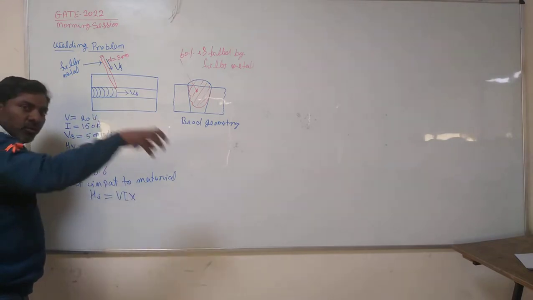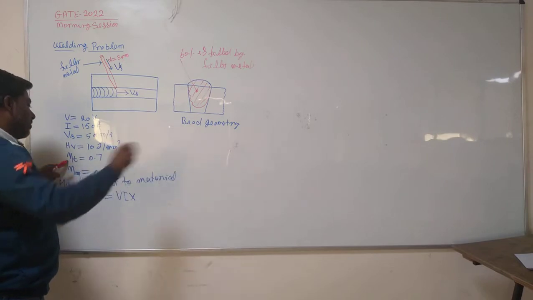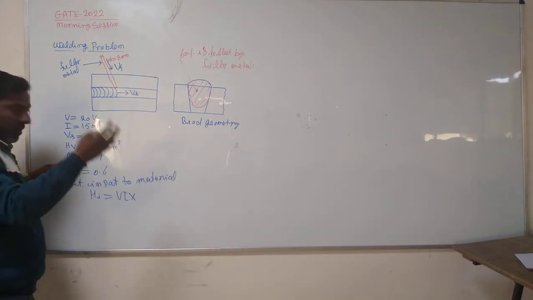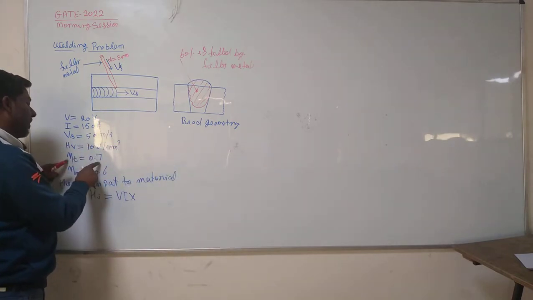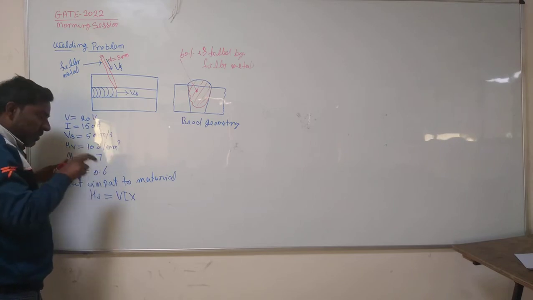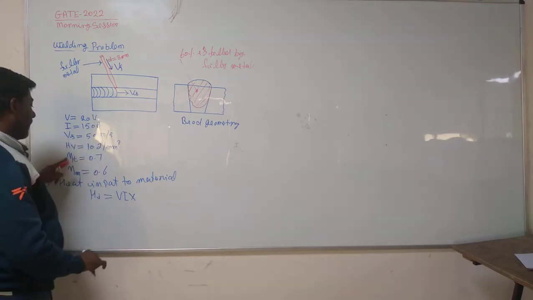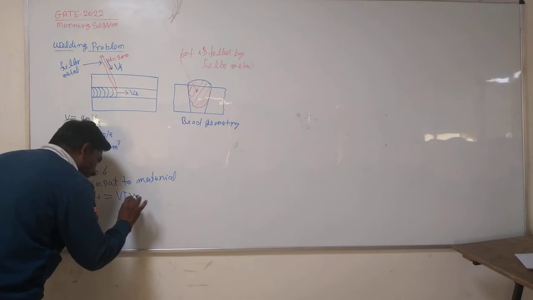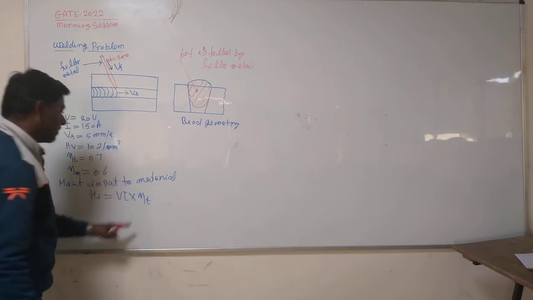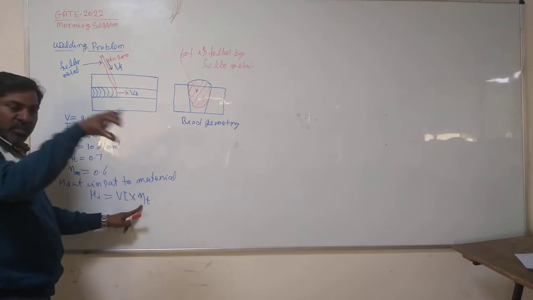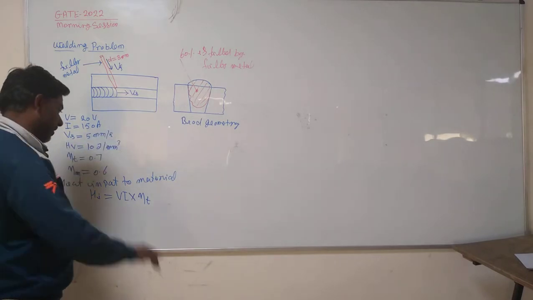Total VI is not entering into the material; some is getting lost. So only eta T is equal to 0.70, only 70% is going into the material. So multiply by eta, the heat transfer efficiency, then you will get how much energy is actually entering into the material.